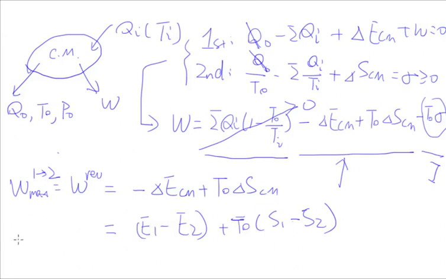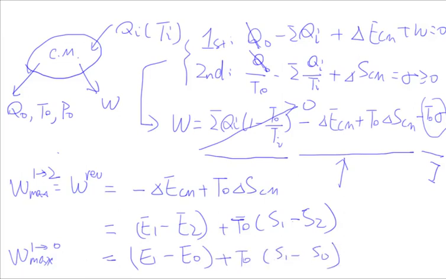Let's take a look at a special case where the final state is the environmental state, and in that case we'll have E2 equals E0, which is the internal energy of the system when it's brought to equilibrium with the environment, and also T0 times S1 minus S0.